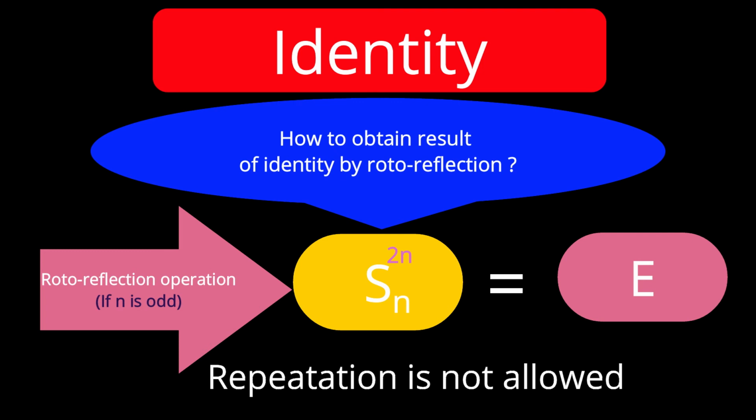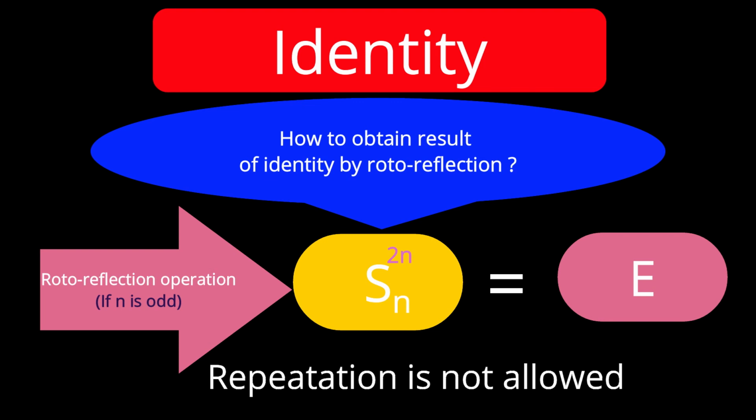So if it is odd, then we need to carry out double the order of the operations in order to get identity. S1 also is possible. So 1, 3, 5, 7. It means Sn^2n is equal to identity.